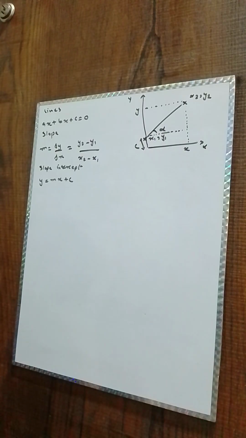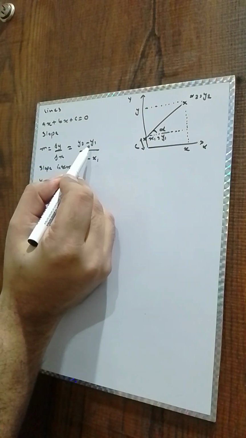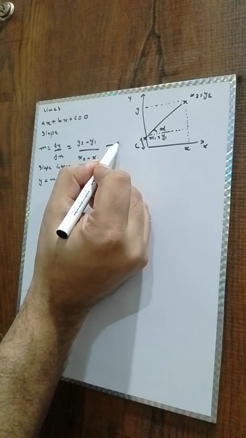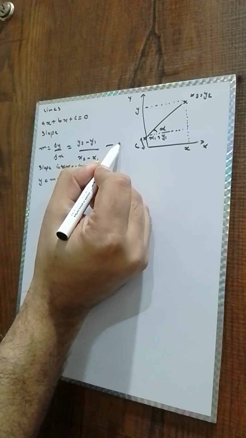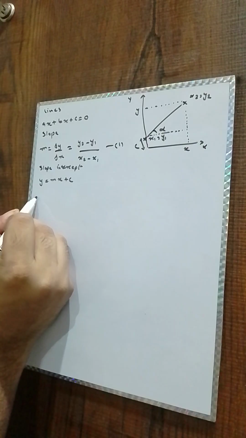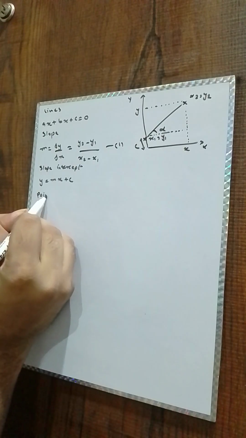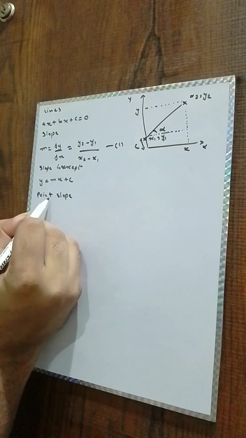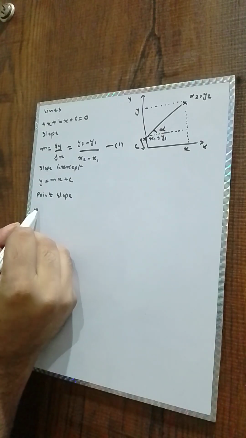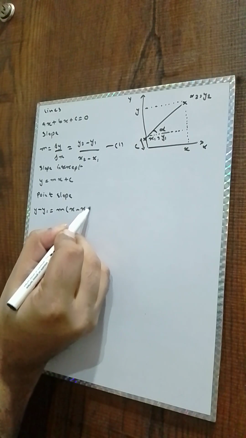Now we have another version, the point slope form, which can be established from the initial form of the slope, and I will tell you how. The point slope form is something like this: y minus y1 is equal to m into x minus x1.